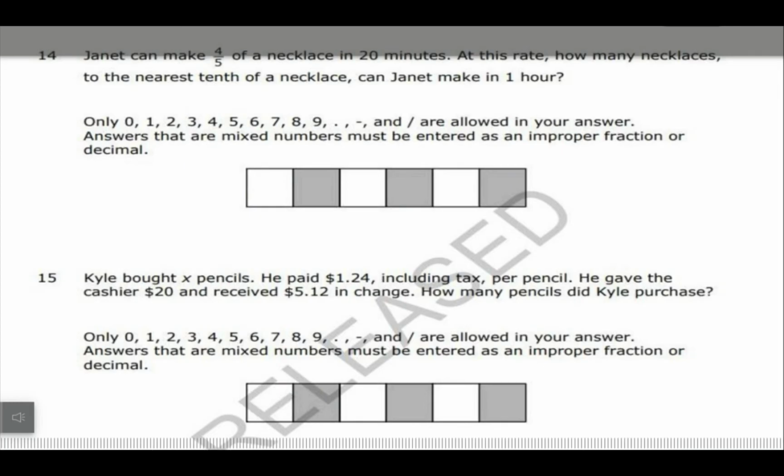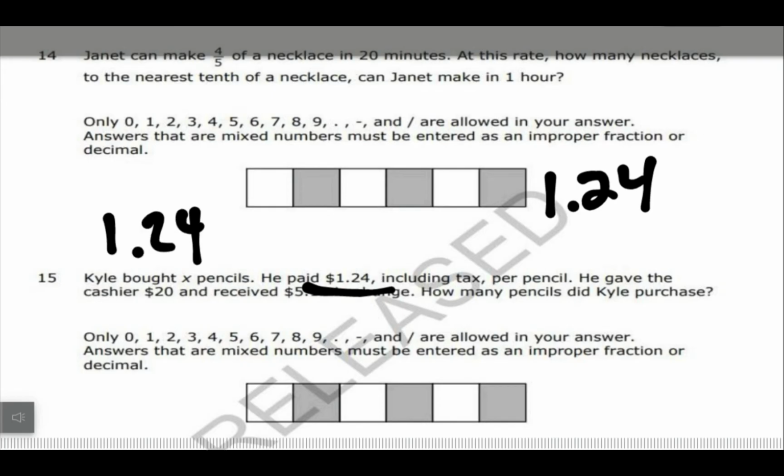So this one you can set up an equation for. So we know that each pencil is $1.24. Probably should write it over here. So $1.24p. All right. And then it cost $20, so that's equal to $20.